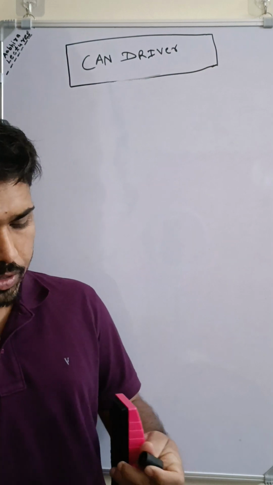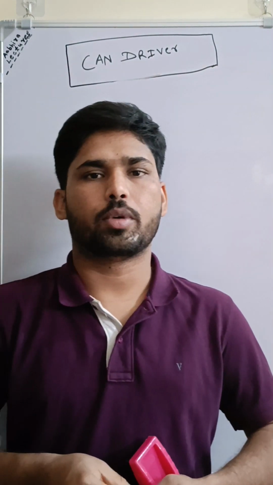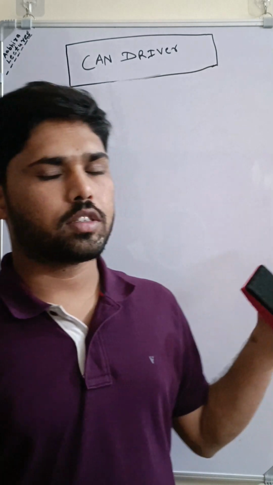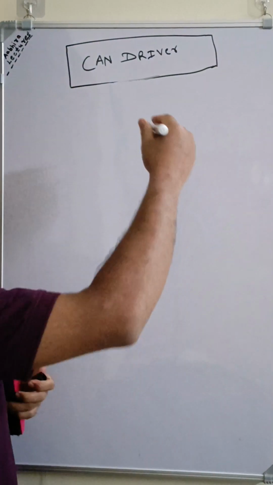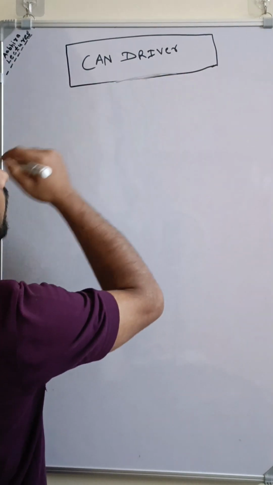So in this video today we are going to discuss the CAN controller. In the last video in the AUTOSAR series we discussed the CAN controller. In hardware object there are two types, CAN controller and hardware object.